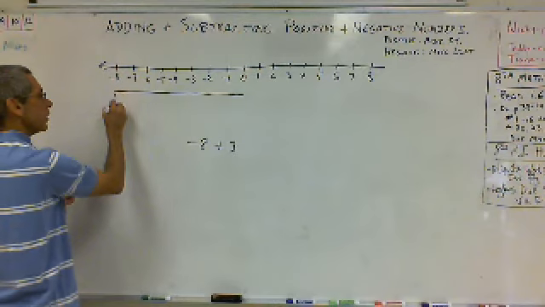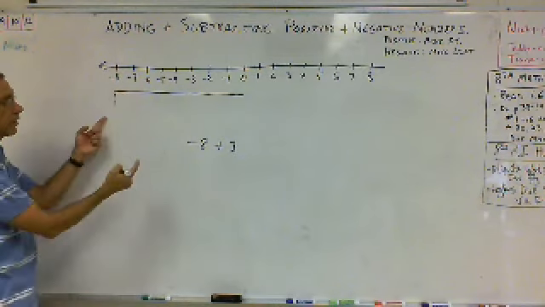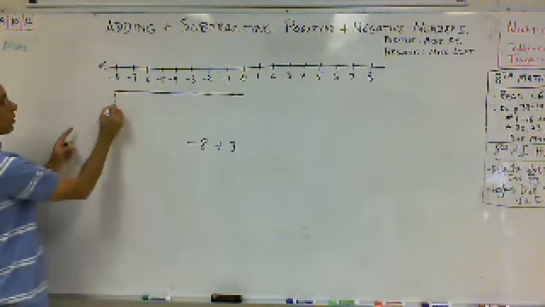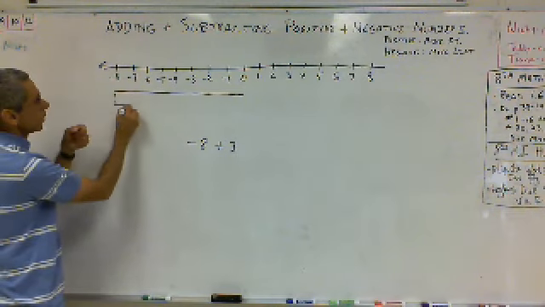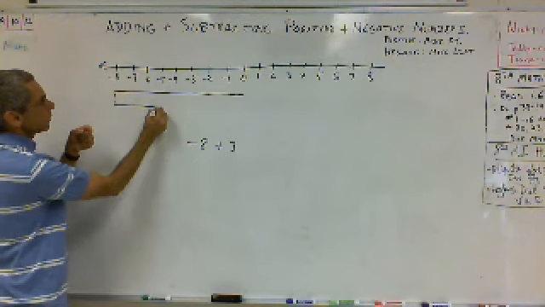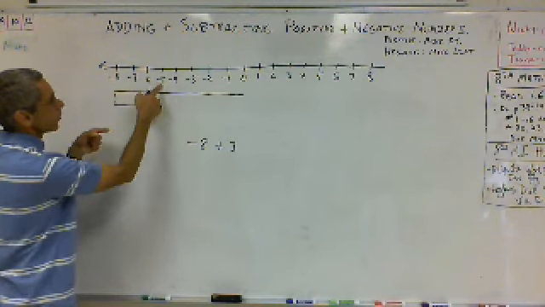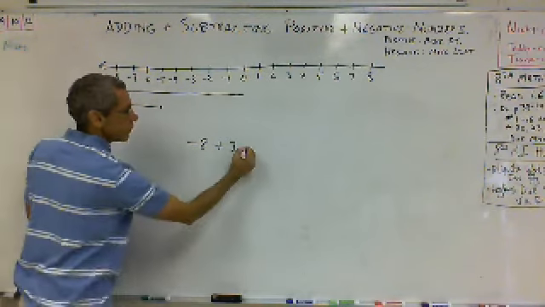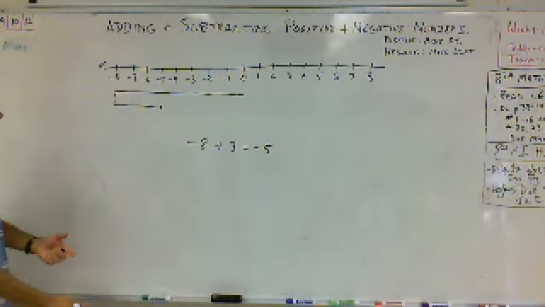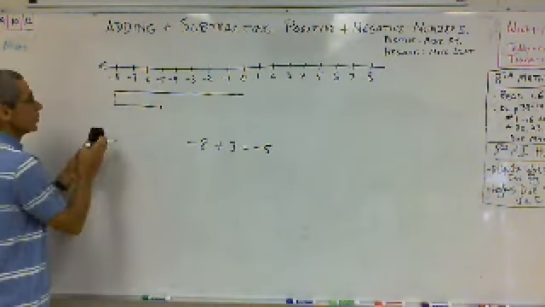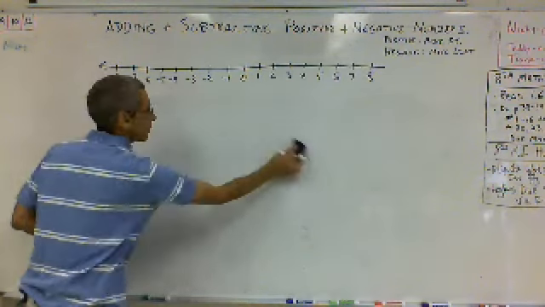Now I'm going to come down here just because I like to separate my lines, and I'm going to go positive 3. So from here I'm going to go 3 up to the right. 1, 2, 3. And I'm going to stop here. That means my answer is negative 5. Is that right? That's so cool. It works. Okay. So let's try another one.